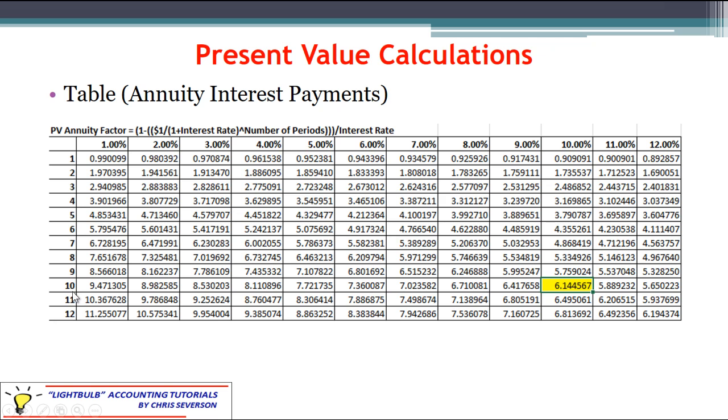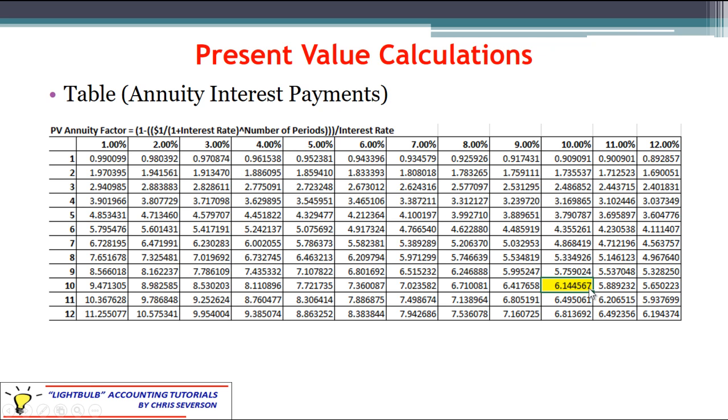So there's a difference with this formula, though, with this table. You know, all of our factors before were less than 1. Here they're more than 1. I'll explain that in just a bit, but for right now, if we look at the 10 periods and the 10%, our factor is 6.144567.